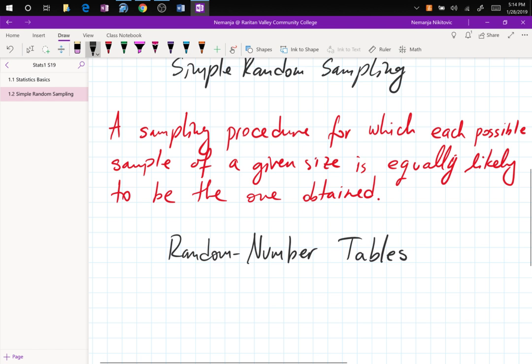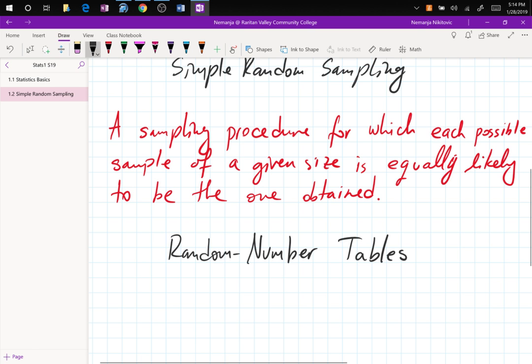Random number tables are in your textbook, in the front or in the back, it's somewhere. And it looks like this. This is a random number table.